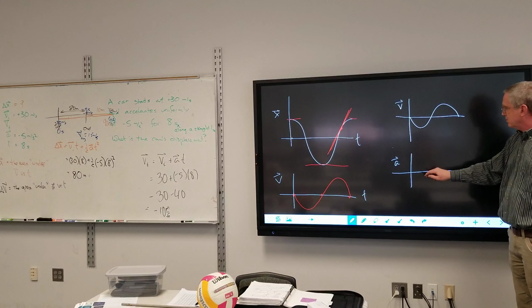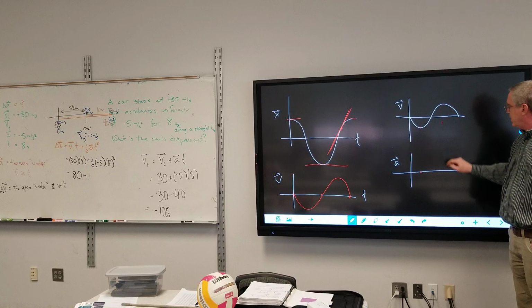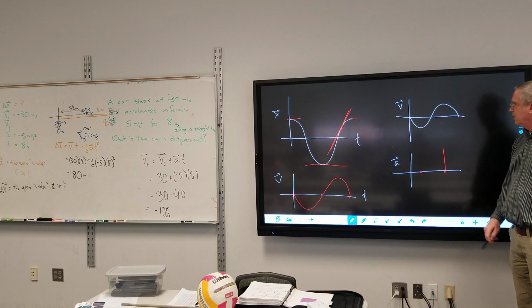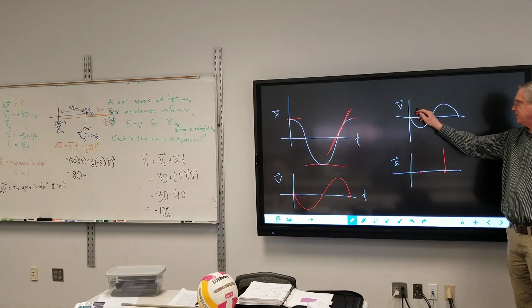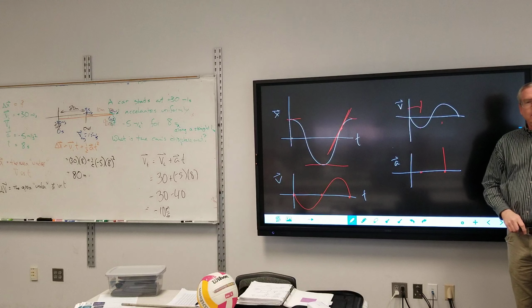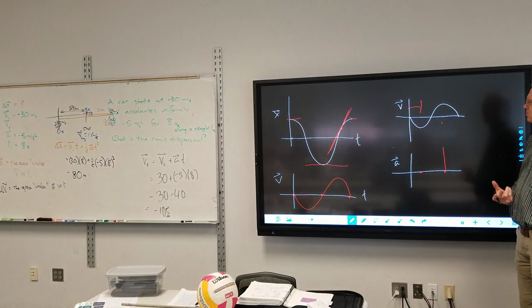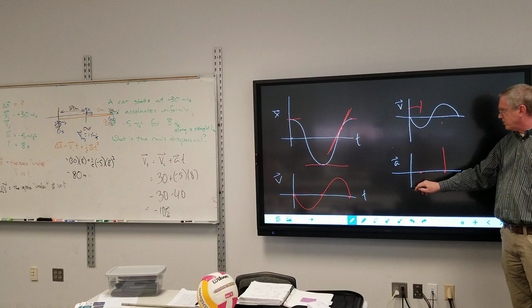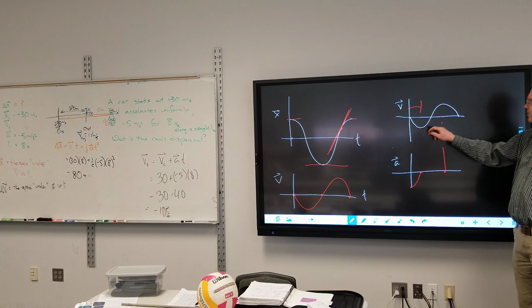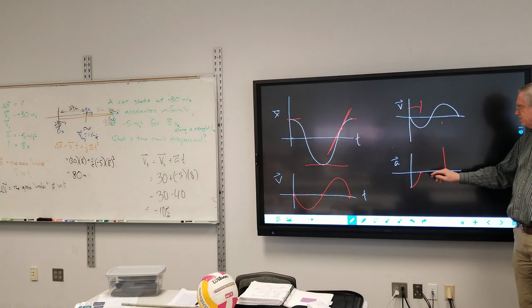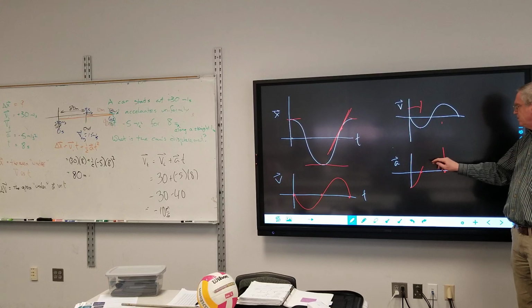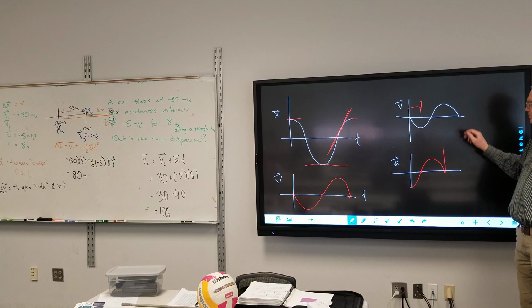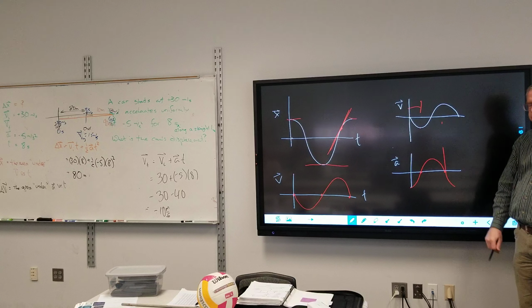There. And there. In this first region over here, is my slope positive or negative? It starts out at a steep slope, so it starts out negative. What about this middle region? Positive. And I know it has to hit 0 there. And in this last region? Negative. Hey, it's the upside down version of that.